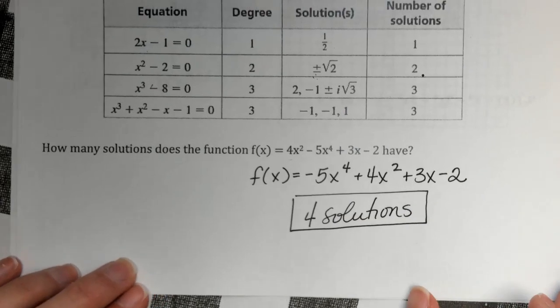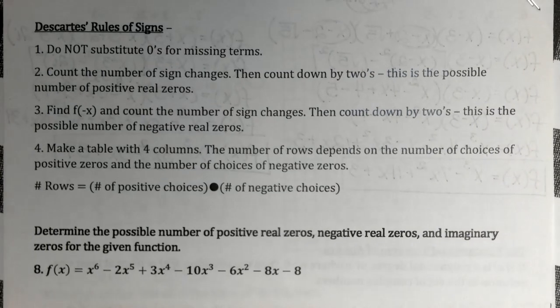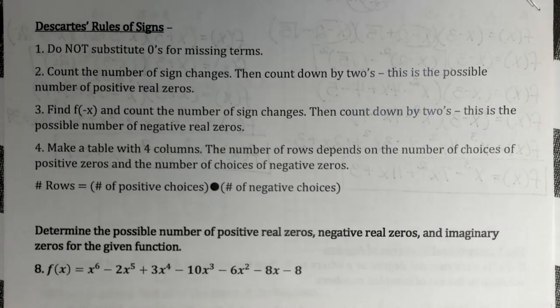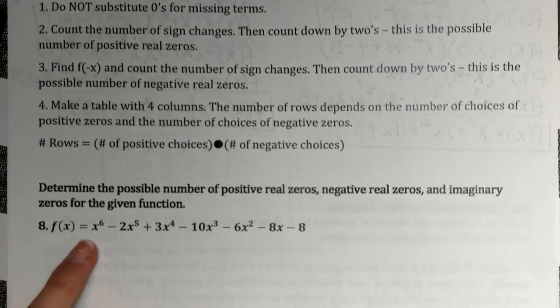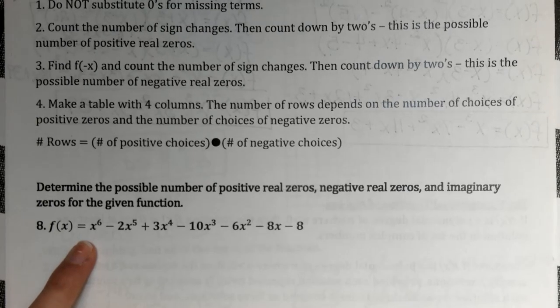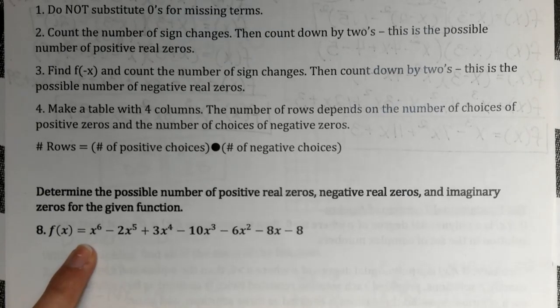So this fundamental theorem of algebra brings us to Descartes' rule of signs. What we're going to do is predict how many possible real and imaginary solutions there are. We're going to look at our original function and see how many times the sign changes, because what does that sign change mean?